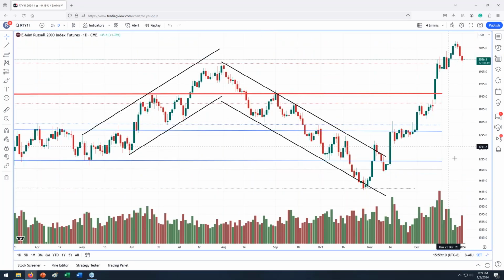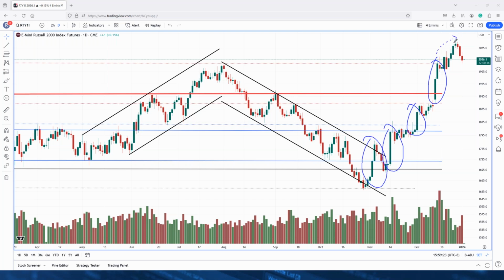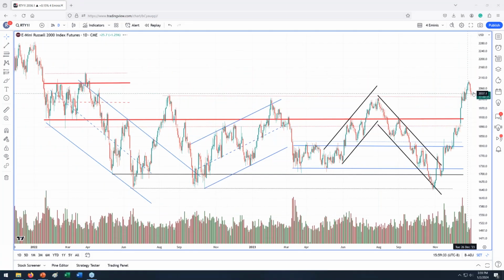Okay, Russell has a swing showing that exhaustion, right? So we stated this was so healthy, this is so healthy, this is healthy, this is healthy, and then we started deteriorating right here. We're seeing how momentum is decreasing, spread is decreasing, demand is decreasing, and we are expecting some kind of reaction here. But at the same time, look at it from the perspective of the global structure.